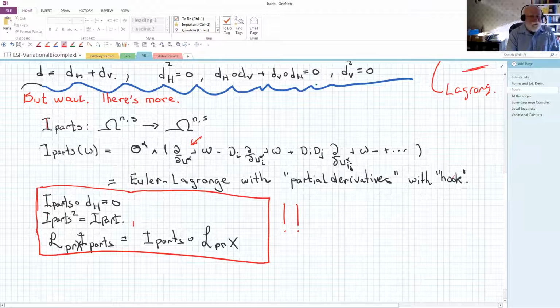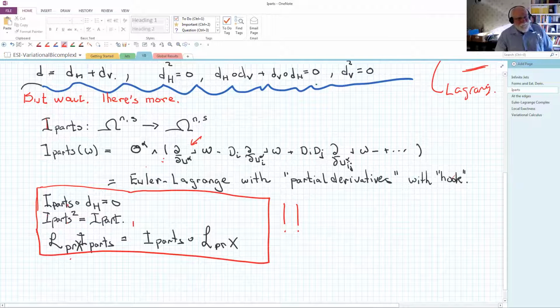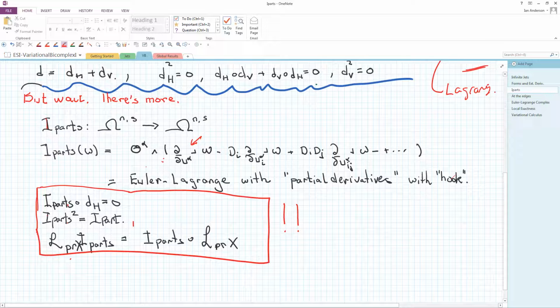I think so. That's a good question. Let me think about that a little bit. I think if you start with these properties, you're going to arrive at this formula. Okay. Well, I don't know how easy that is to prove. Oh, thank you. Okay.